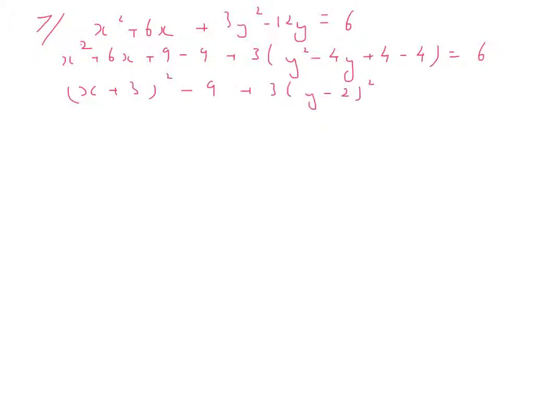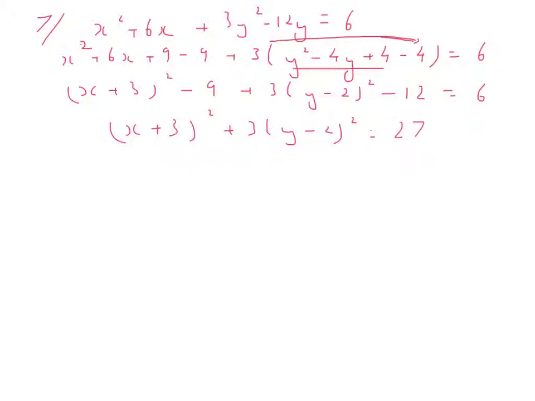That's the perfect square for these three. You're going to get a minus 12 hanging around because you've got the 3 times the negative 4. That equals 6. So we've got x plus 3 squared plus 3 times y minus 2 squared equals, if you take everything to the other side, 6 plus 12 is 18, 18 plus 9 is 27.